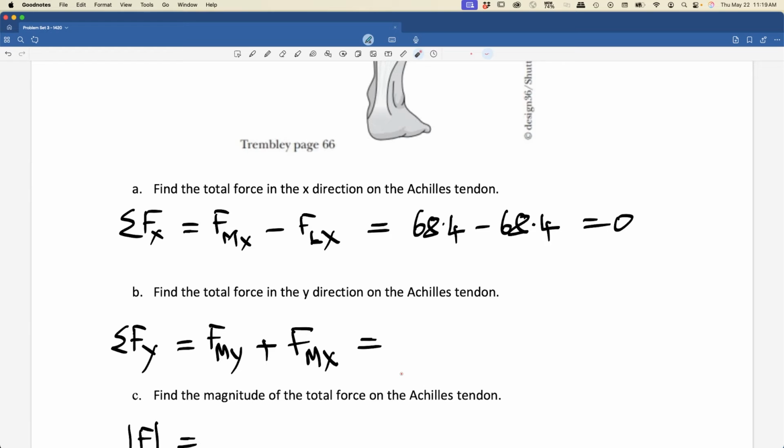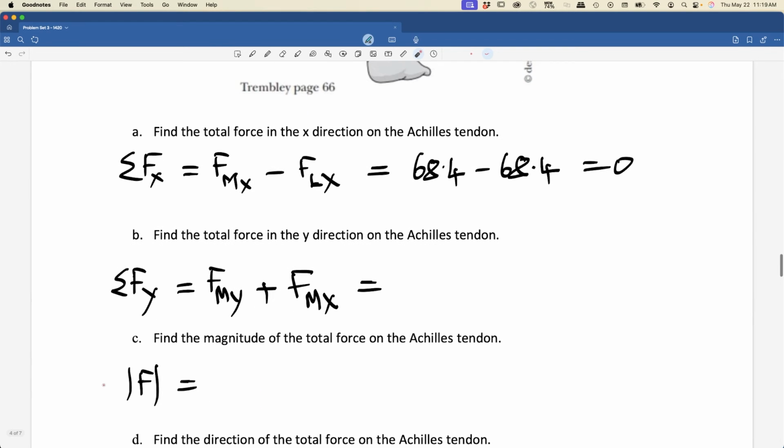And then you have to find the net of the two components. So find the magnitude of the total force. This word magnitude means absolute value. So that's written in math like this, absolute value, which means you're not concerned about the direction, positive, negative, you don't care.